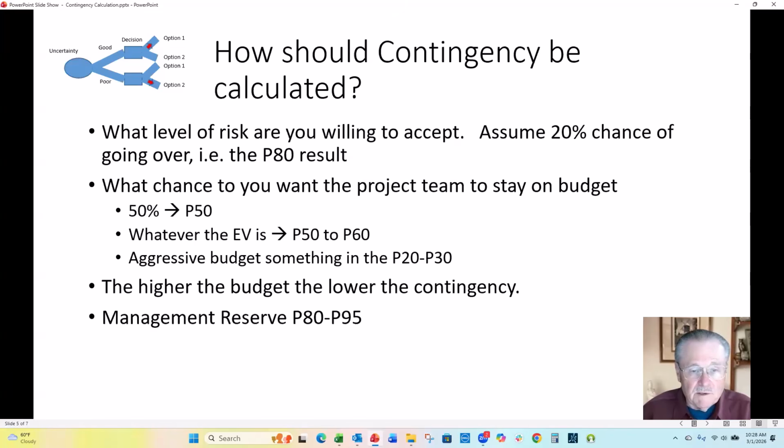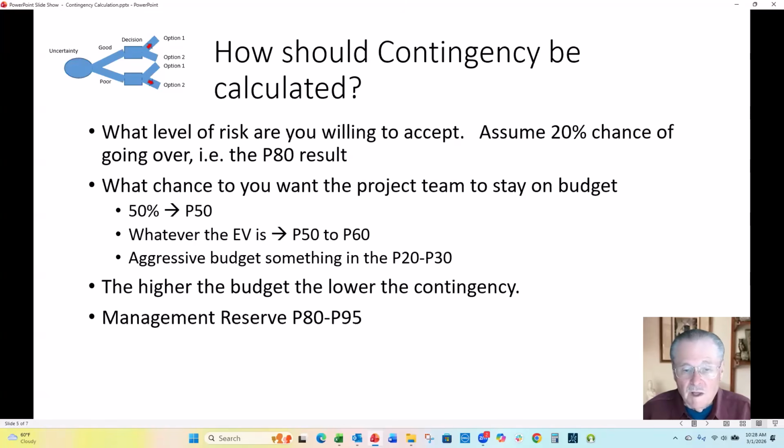Whatever the EV is, call it P50 or P60, that's probably more typical. Aggressive budget would be something low value, like a P20 or a P30. You're really not expecting them to achieve that without some sort of contingency. But remember, the higher the budget, the lower the contingency.